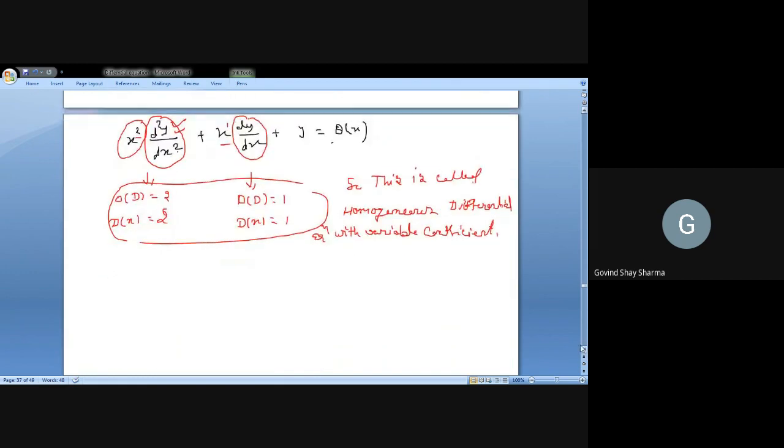Now, how can we solve this? We take an example of this.